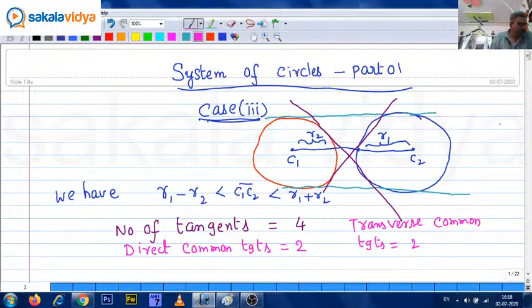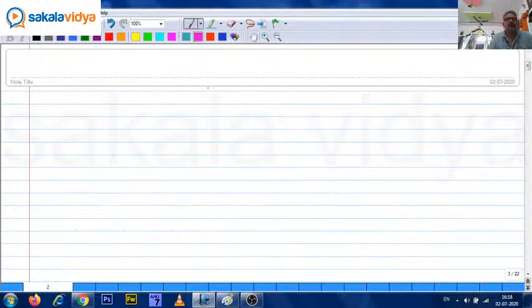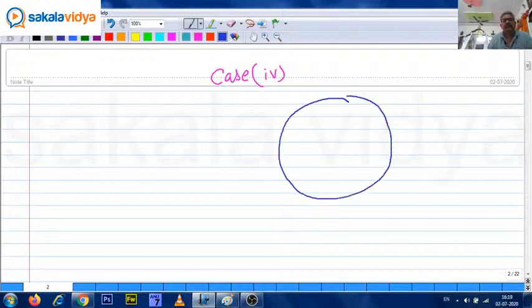Right. Next, case 4. For example, you take a bigger circle and a smaller circle. Both intersect at 2 points.